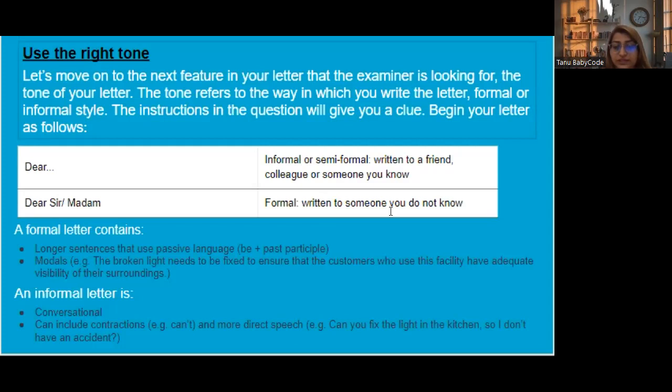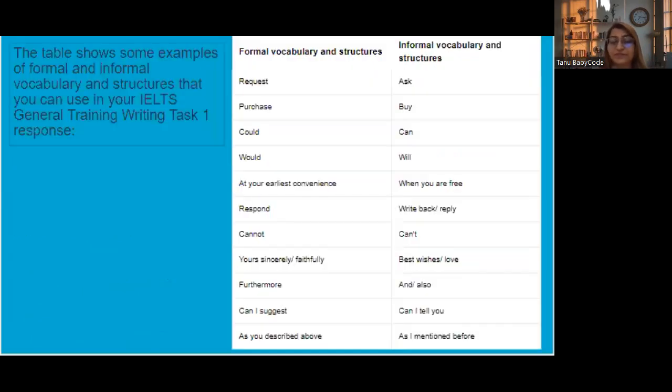A formal letter contains longer sentences that use passive language and modals also. For example, the broken light needs to be fixed to ensure that customers who use this facility have adequate visibility of their surroundings. But when it comes to informal, it is quite conversational, can include contractions like can't, and more direct speech. Can you fix the light in the kitchen so I don't have an accident? So that is the direct speech here, right?